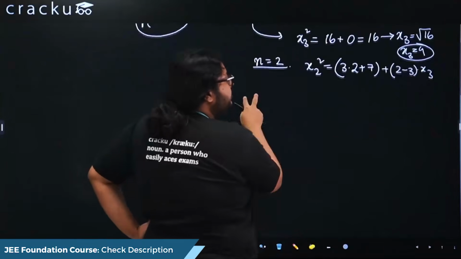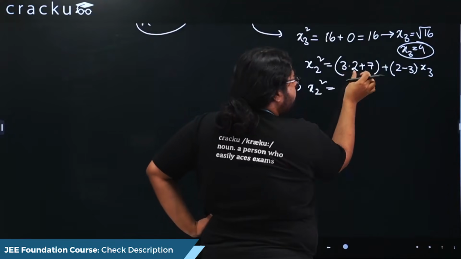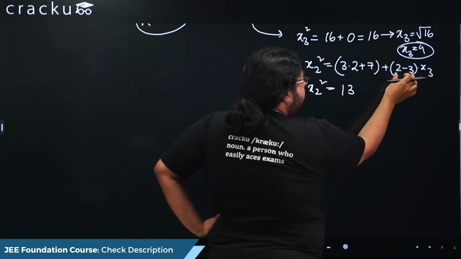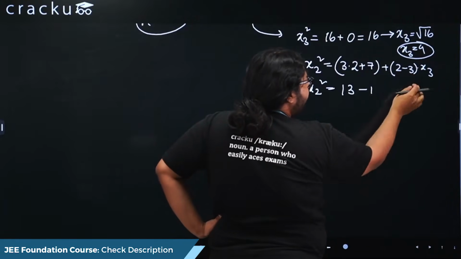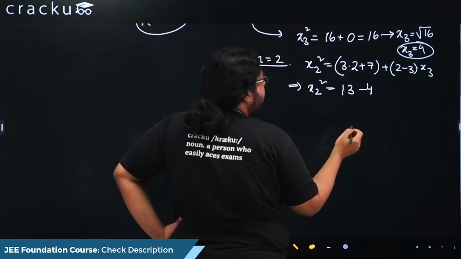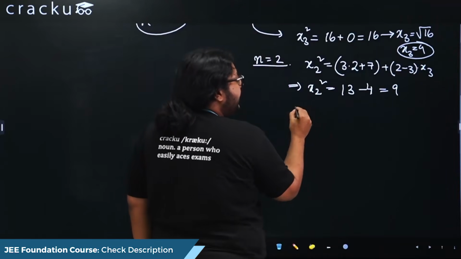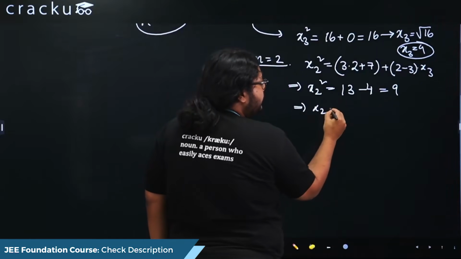So this gives me x2 square is 6 plus 7, 13. 2 minus 3 is minus 1 and x3 is 4, so this is minus 4. So this is basically 9. x2 square is 9, that gives me x2 is equal to 3.